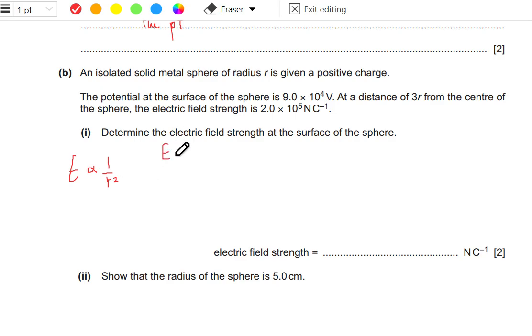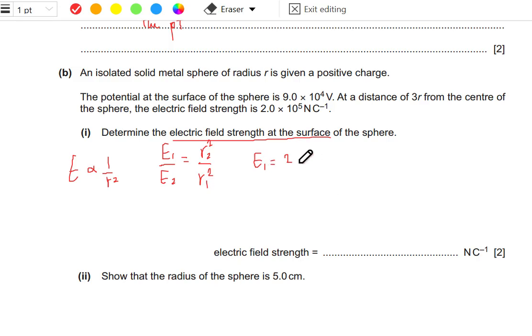So we can write E1 over E2 equals R2 squared over R1 squared. E1 is the field strength at the surface. E2 is the field strength at 3r.